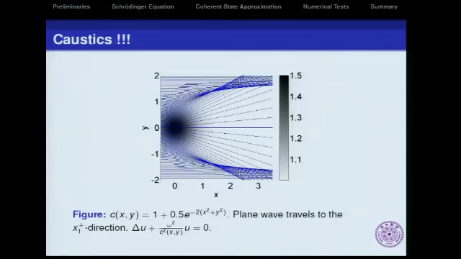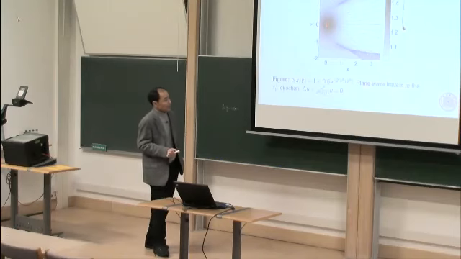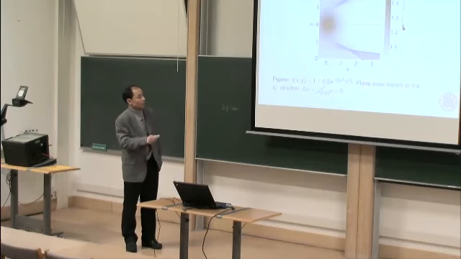That's the caustics. Here is an example. Consider the homogeneous Helmholtz equation, where the velocity field is variable like this. It seems a Gaussian bubble here, and suppose the plane wave travels to the right.